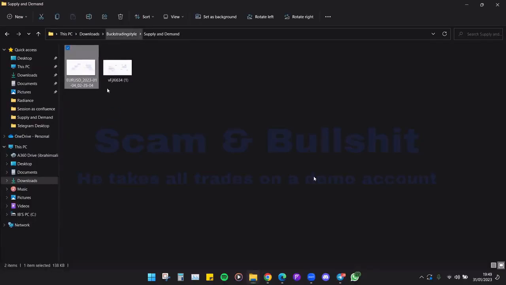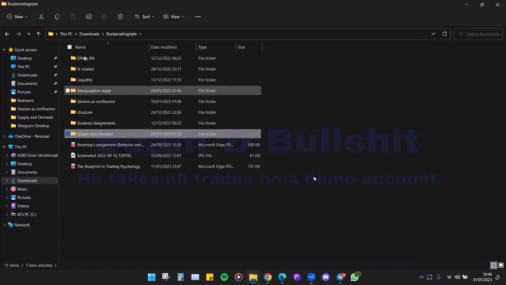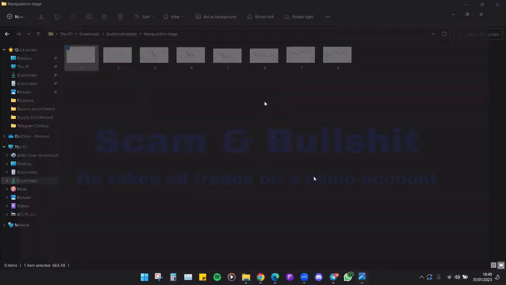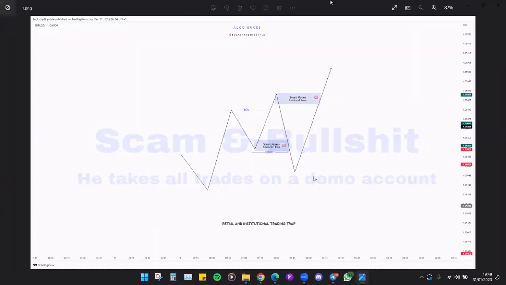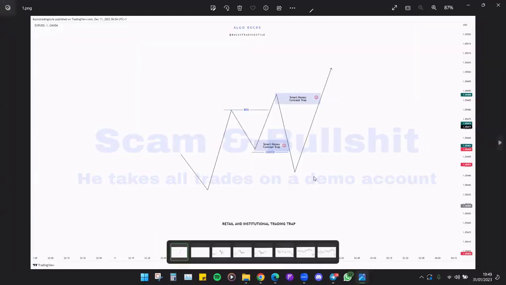So we use manipulation. Now let's look at a basic markup for manipulation. This is structure. We had this push down, this push up, this push down, and price broke structure right here. When price breaks structure, smart money traders trade RTO, that's return to order block.